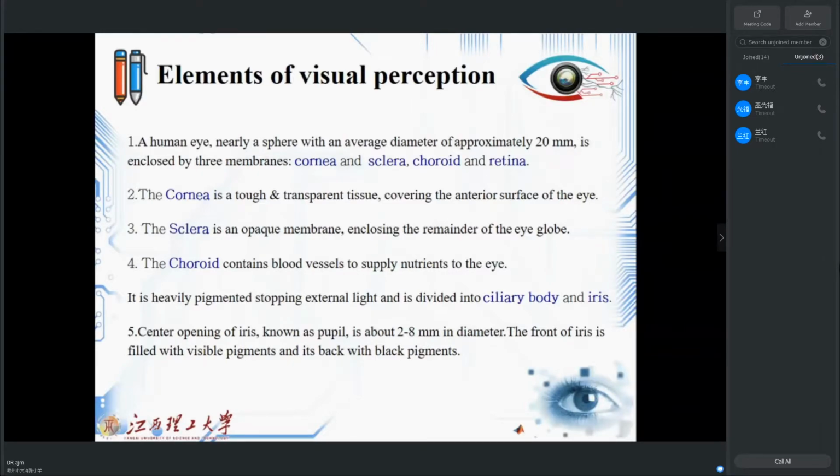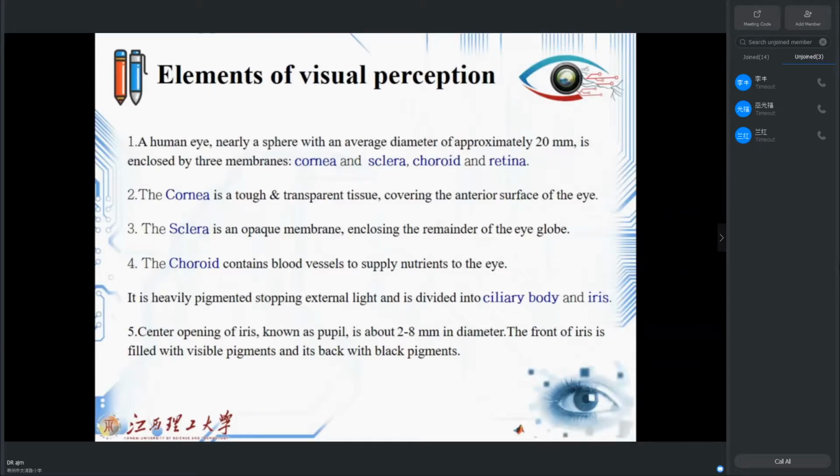It's heavily pigmented, stopping external light, and it's divided into the ciliary body and the iris. The center opening of the iris, which we know as the pupil, is about 2 to 8 millimeters in diameter.